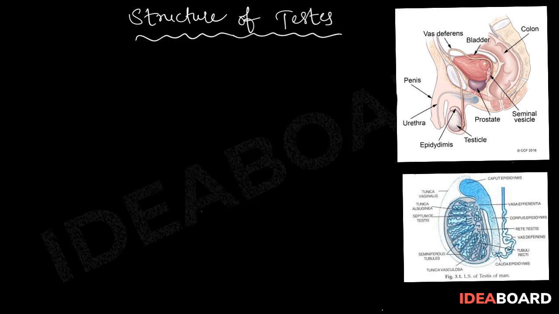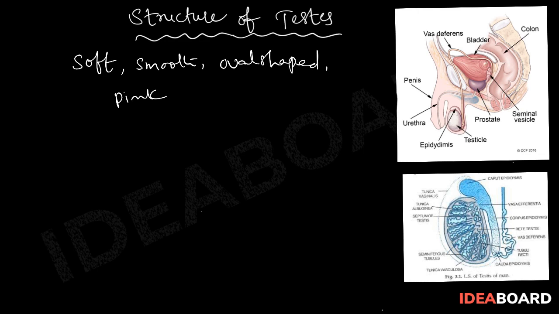Each testis is made of soft tissue, smooth in nature, oval shaped and pink in color, and the size of the testis is 4 to 5 centimeters in length and 2 to 3 centimeters in width.